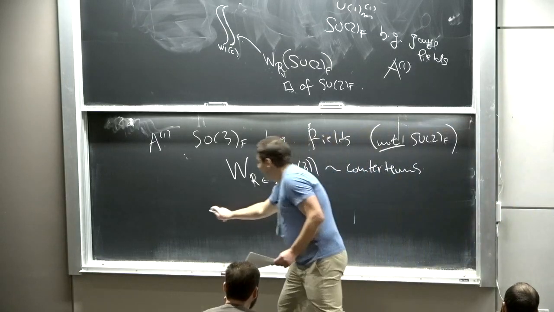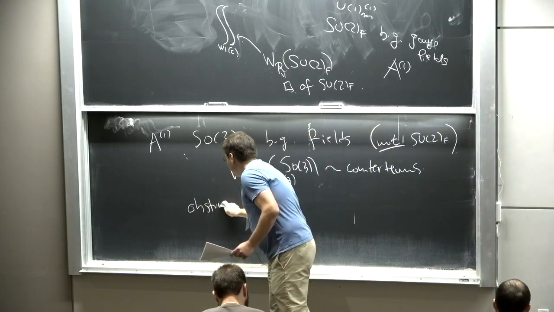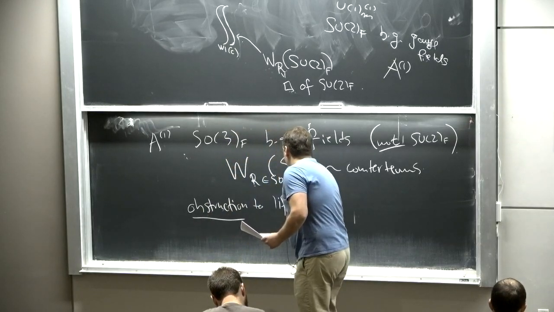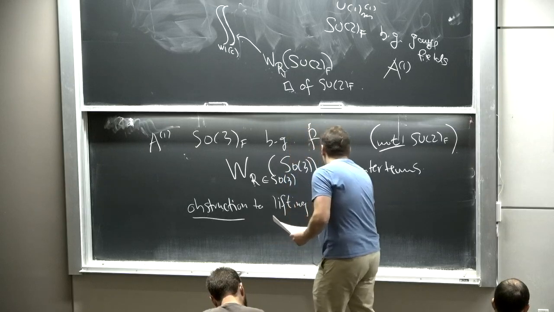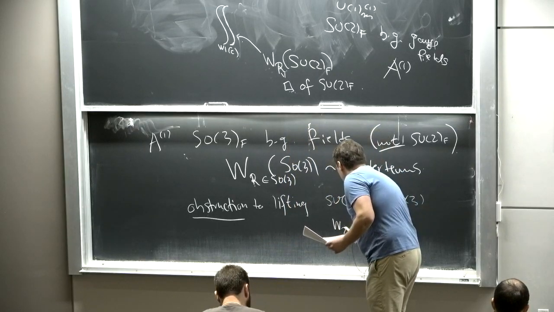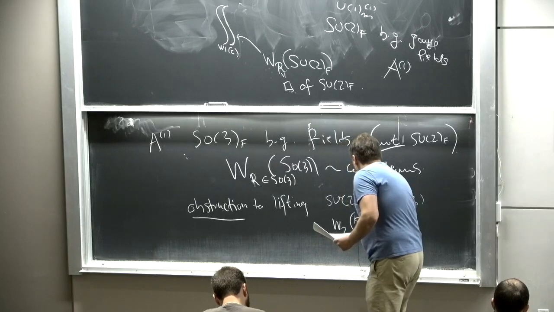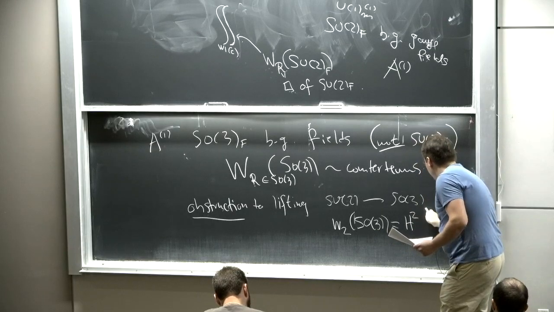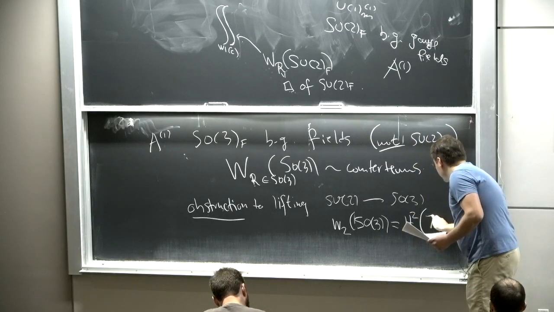And the obstruction to lifting an SU2 bundle to SO3 is the second Stiefel-Whitney class of the SO3 bundle, which is a characteristic cohomology class valued in H2 with coefficients in Z2.